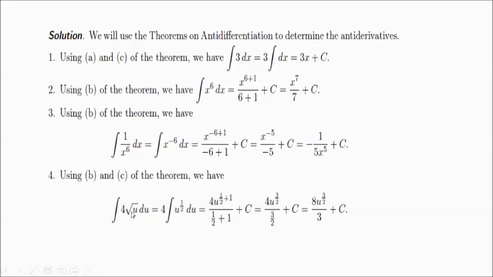Number 4, 4 square root of u du. Ngayon, for square root, class, equal lang siya kapag ginawang 1/2 yung power niya. Diba? Equal lang yan, class. Ngayon, i-separate yung constant.